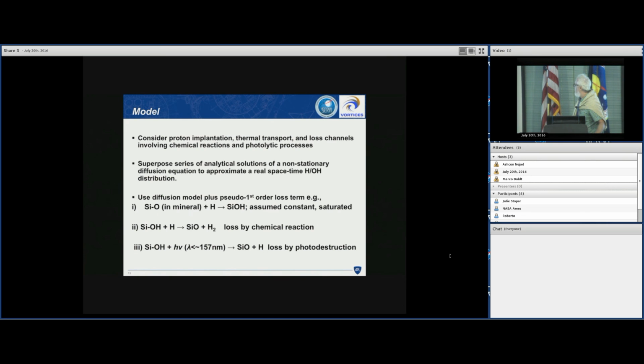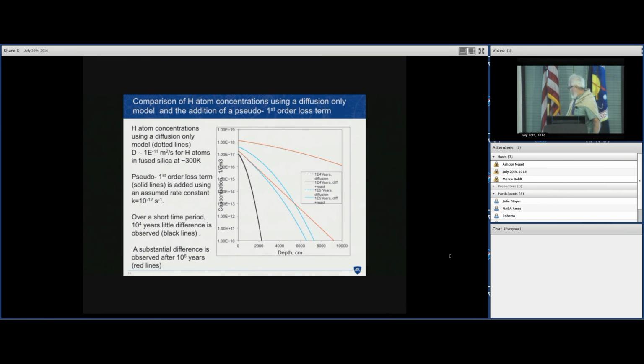We put in these pseudo first-order loss terms, which are the removal of this. We assume that this reaches saturation, and then what we have is these two prominent loss terms, which are a chemical reaction and a photodestruction. They're first-order losses.